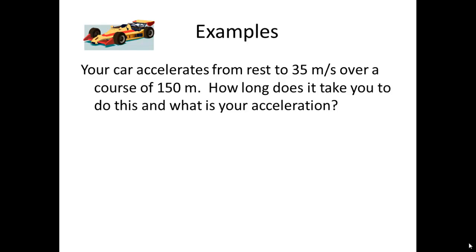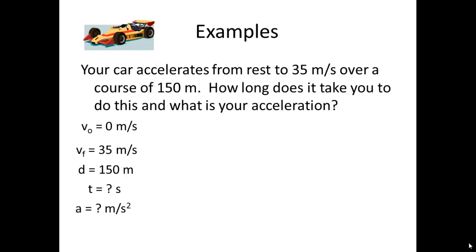So your initial velocity in this case is 0. And your final velocity, 35. And distance, 150. How long does it take you to do this? We're looking for time. And what is your acceleration? We also need to find A.